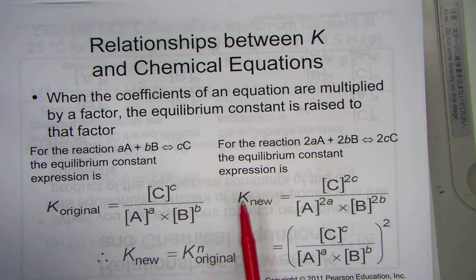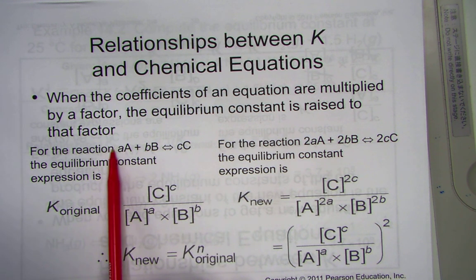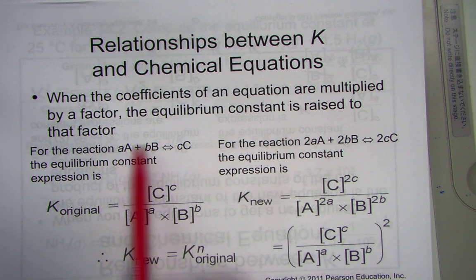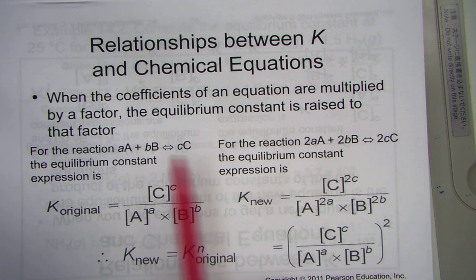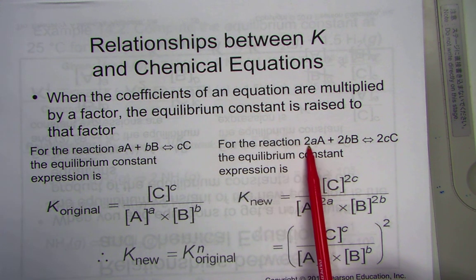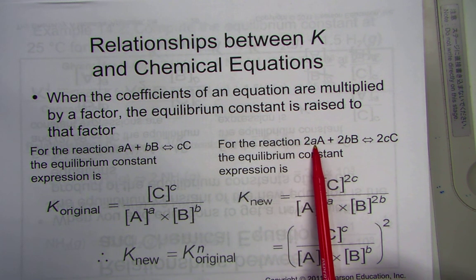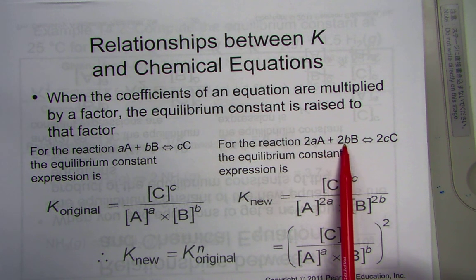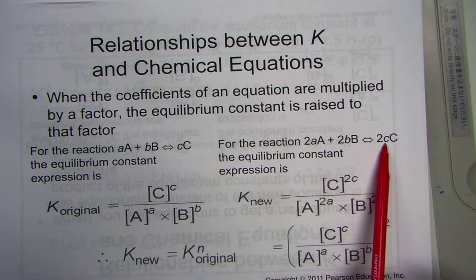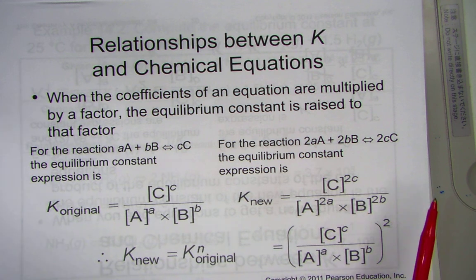What if we double it? What if I have to distribute a 2 throughout this entire equation? For the reaction, 2 times the original coefficient plus 2 times the original coefficient of B now is twice that of C. Notice what's happened?